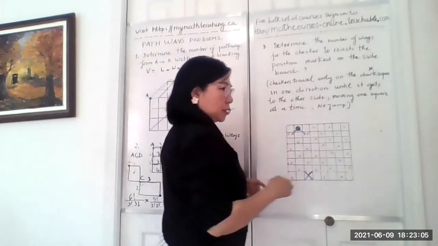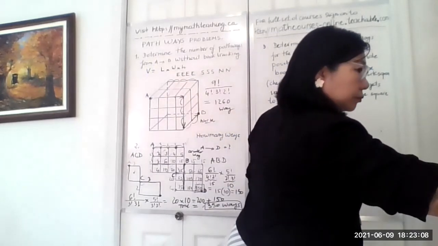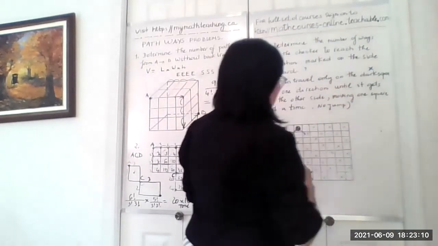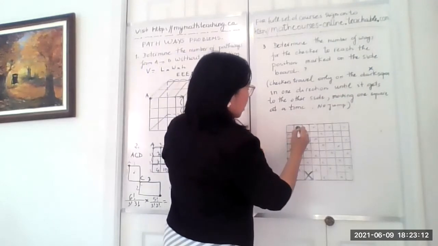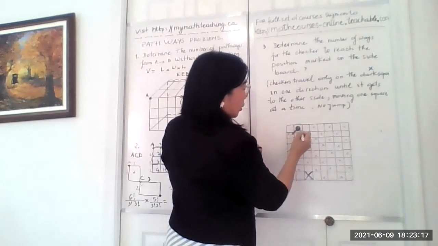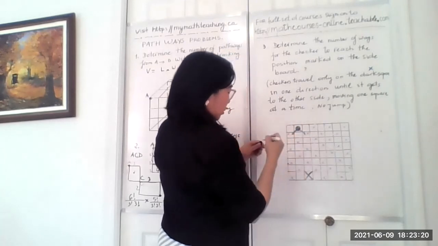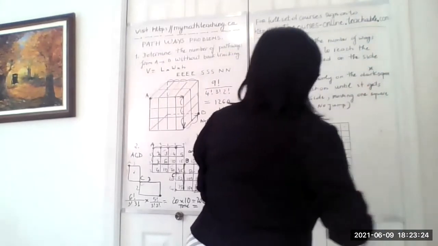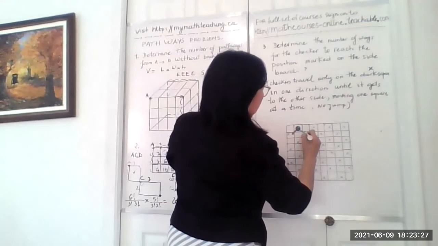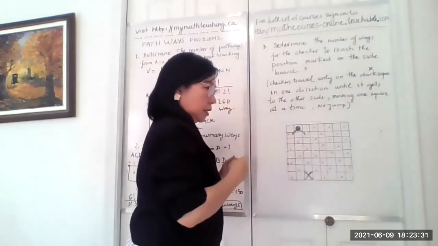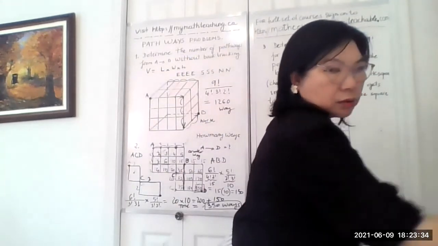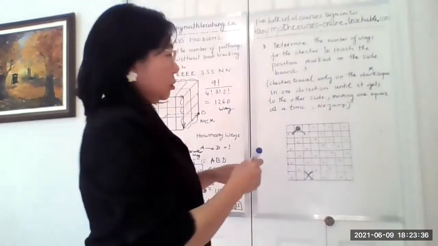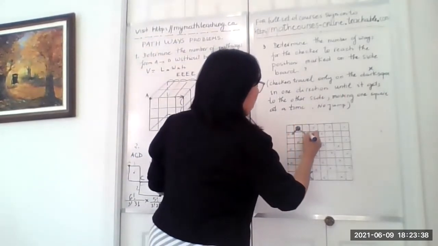Now let's think about this. If the checker starts from here and goes this way, see, one way, or it might go this way in one direction, right? So let's mark here as number 1, right?